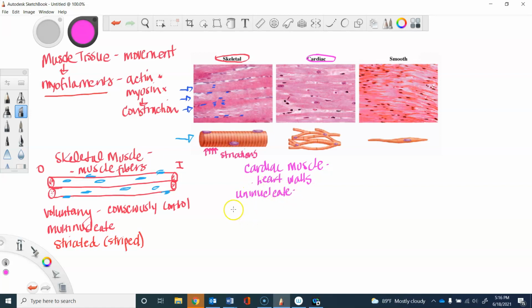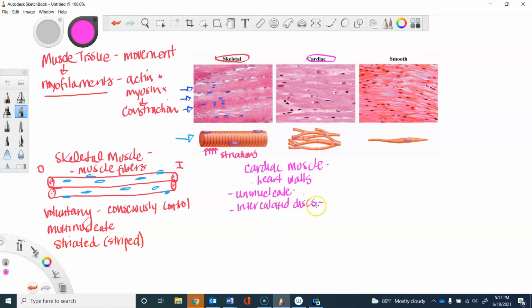They have one nucleus. They're attached by these specialized attachments, linked together by these things called intercalated discs.